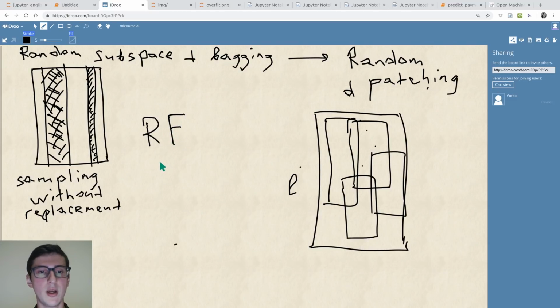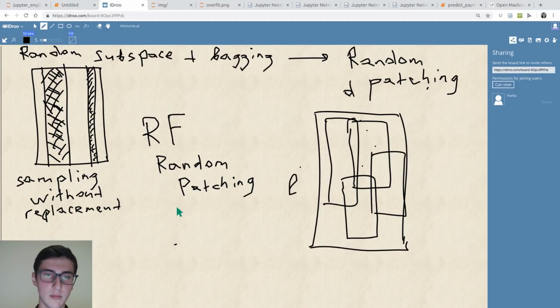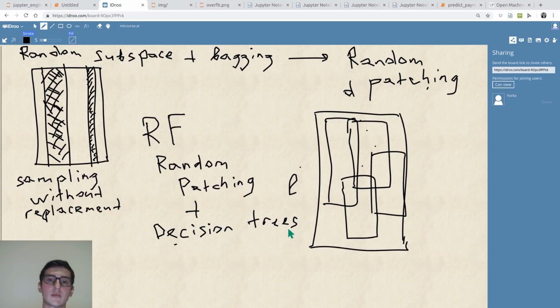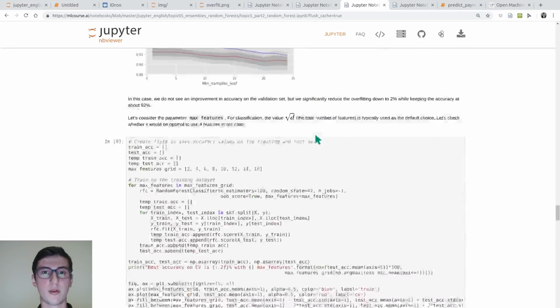Random forest is actually random patching with decision trees. Okay, and of course there are some peculiarities of random forest exactly, but the idea is just the same, what we covered here. Okay, now closer to random forest.